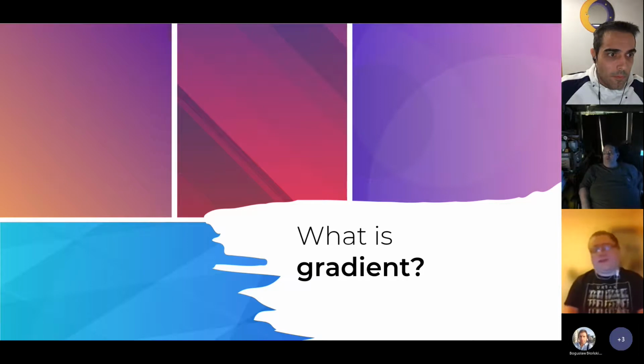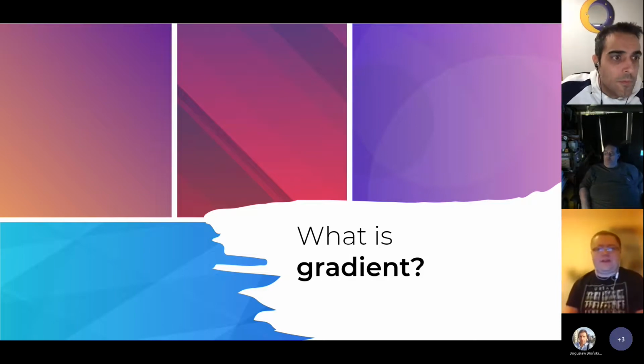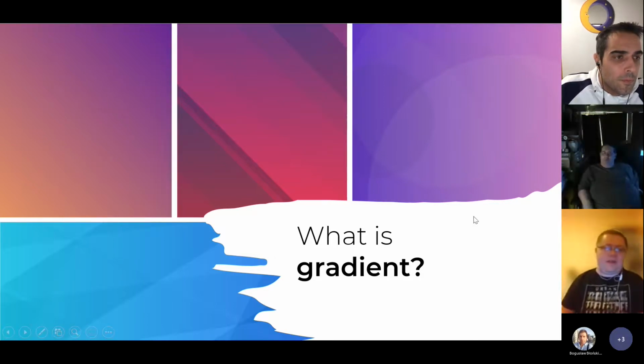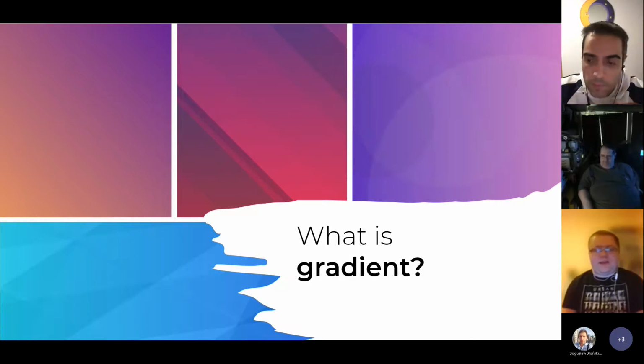We can use gradients to draw them in layers, and we can mix linear gradients, radial gradients, and use some transparency effects to achieve effects that we see on the other pictures. So we can have more abstract backgrounds, more like textures than typical gradients. And that was the idea.